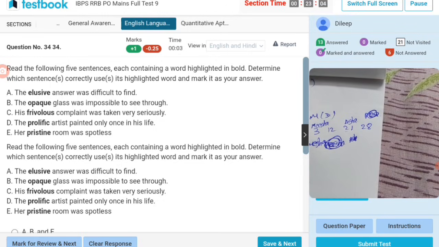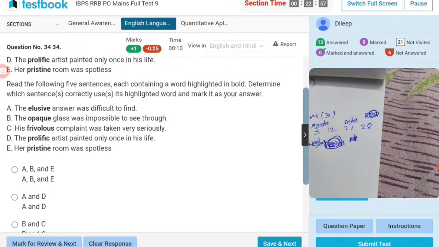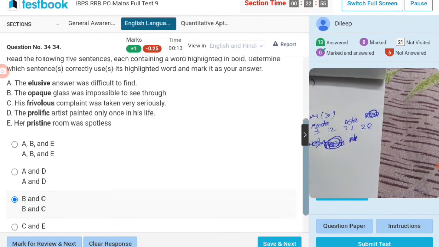Elusive answer was difficult. Accused of, B and C, I think.